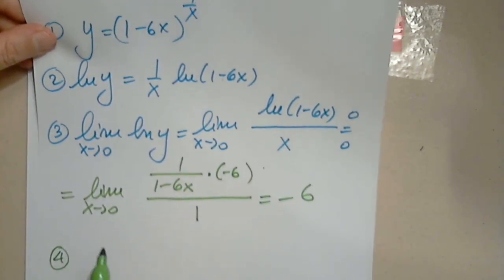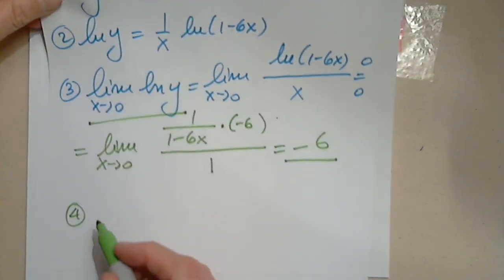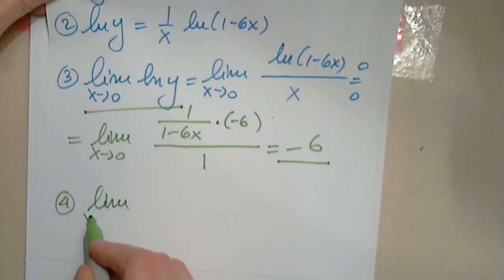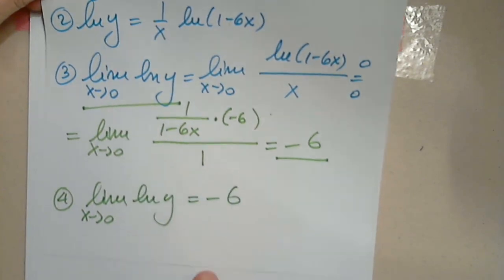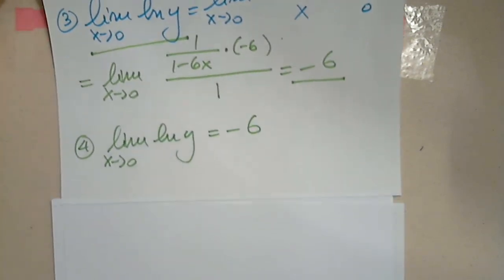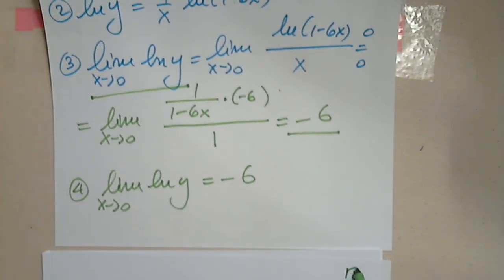Now in step 4 I have to copy the beginning and the end, which is limit as x approaches 0 of natural log y equals negative 6. And remember at this step we swap the two operators. So I have natural log of the limit of y when x approaches 0 equals negative 6.